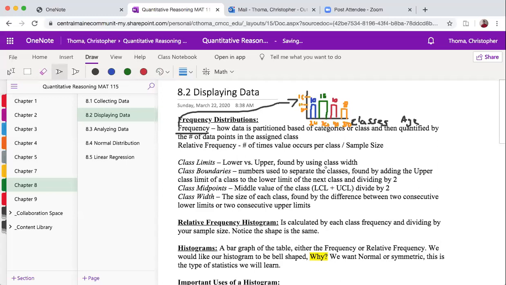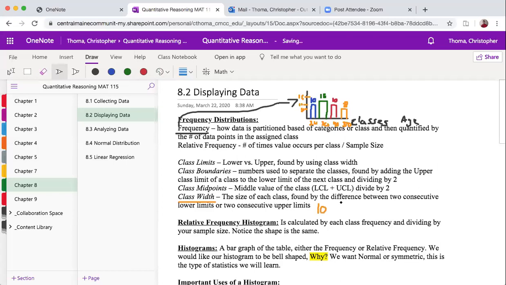What's tricky is class width. Class width doesn't compute right away with a lot of people because they just try to do arithmetic. The class width is the size of each class. So in our example, my class width is actually 10.